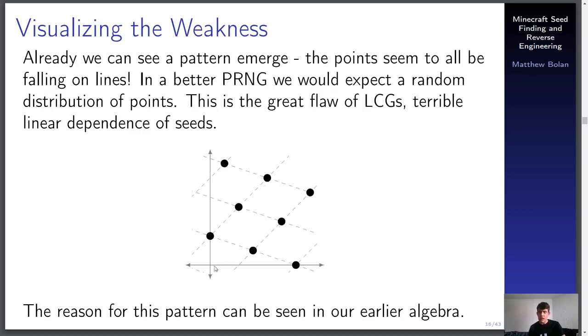Yeah, look at all these lines that these points seem to be falling on, right? Isn't that a little weird? If LCGs were truly random, we would not expect to see any sort of pattern here at all when we're plotting the first seed against the second seed. But yet here we have these lines which are evenly spaced, and they clearly intersect at regular spots.